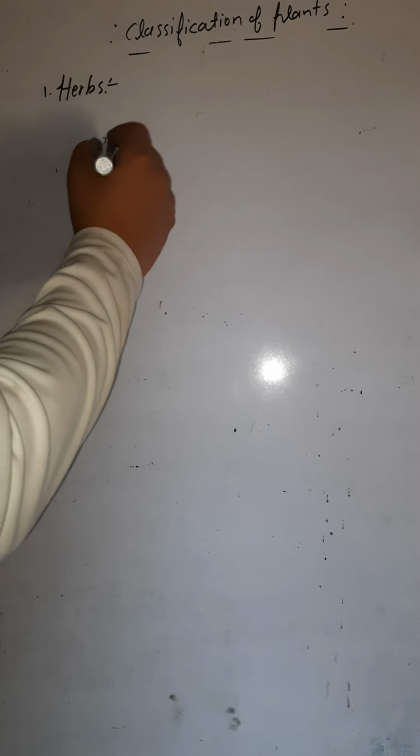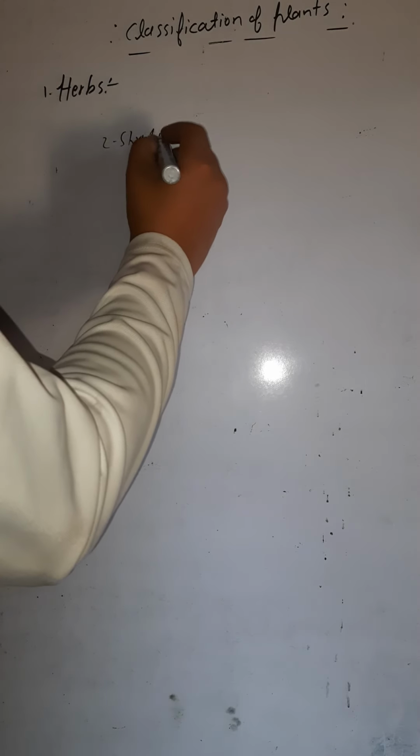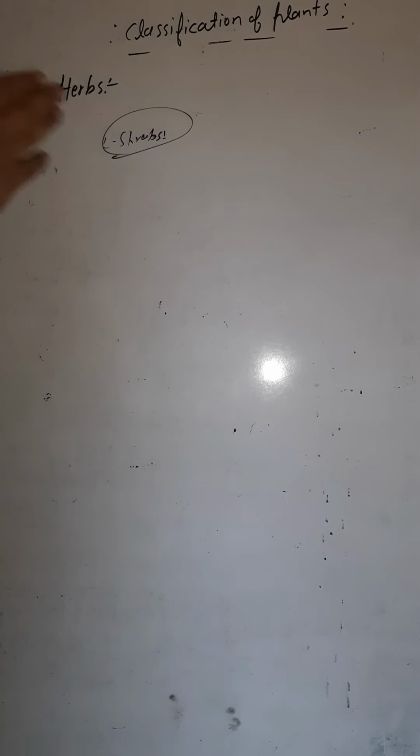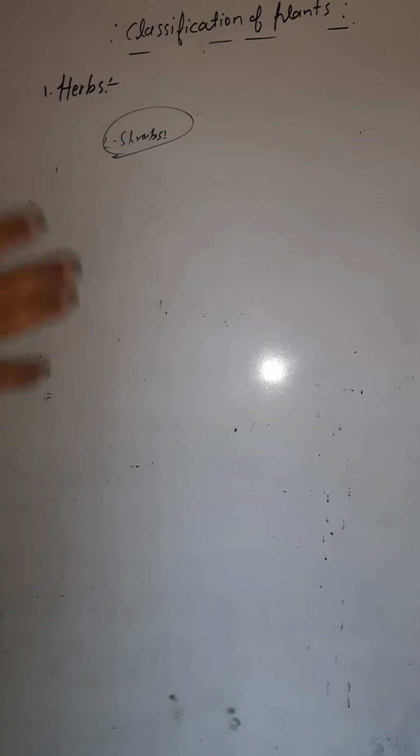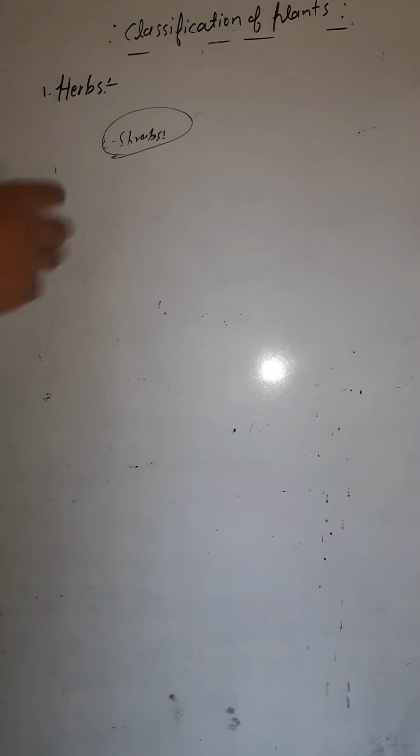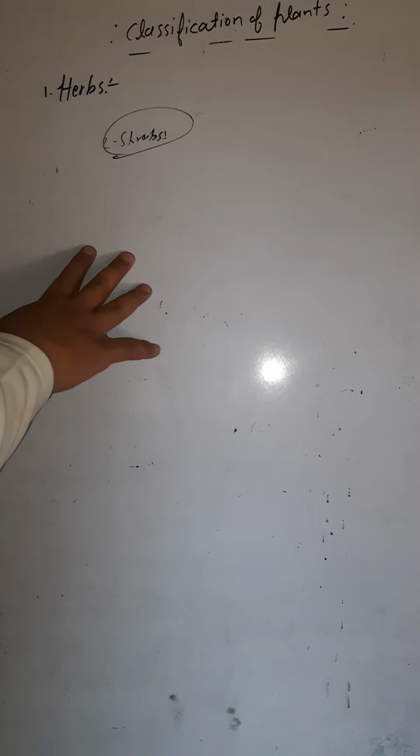Next is the category of the shrubs. Shrubs are the plants which are bigger than herbs. One more important thing about shrubs is that they have a somewhat hard stem.